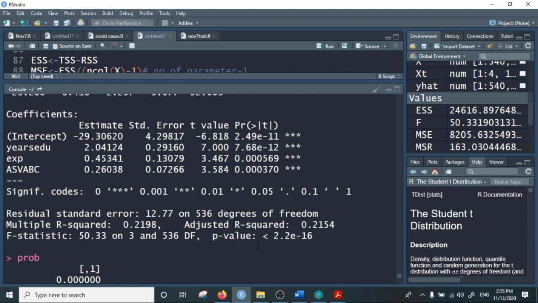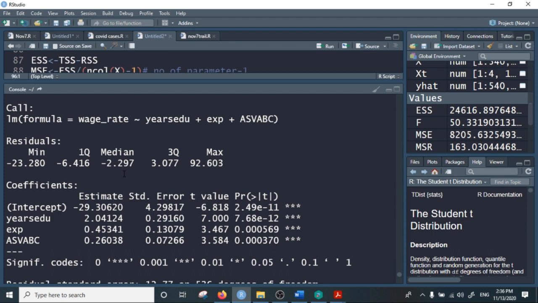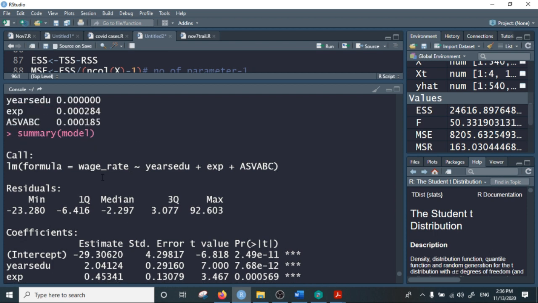This number is 0.15 zeros followed by 22, which is almost 0. So in this way we can calculate all the statistics that are reported by the lm function in R manually, and can understand its parts one by one.